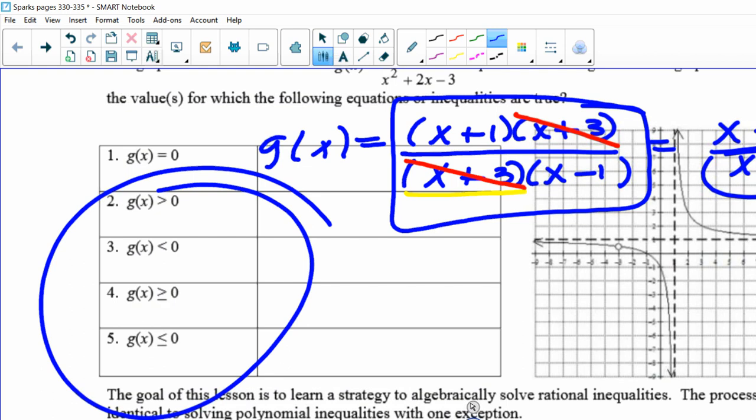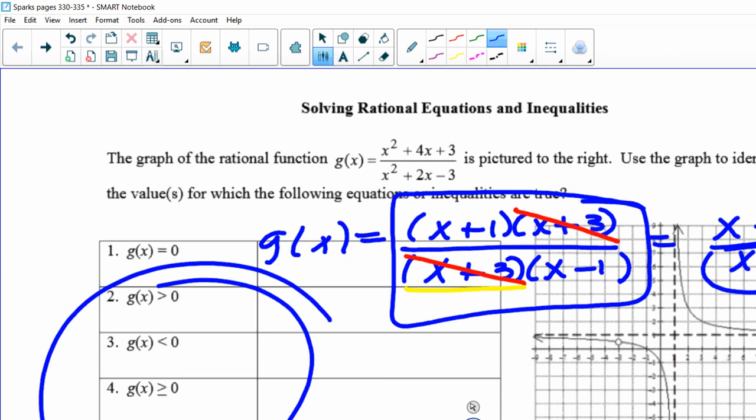You could put it in here, but you could also put it here, because those are the same thing. It doesn't matter where you put them, one or the other. You can't put them here because this is different. You can't put it in here because we don't have the x plus 3's anymore.